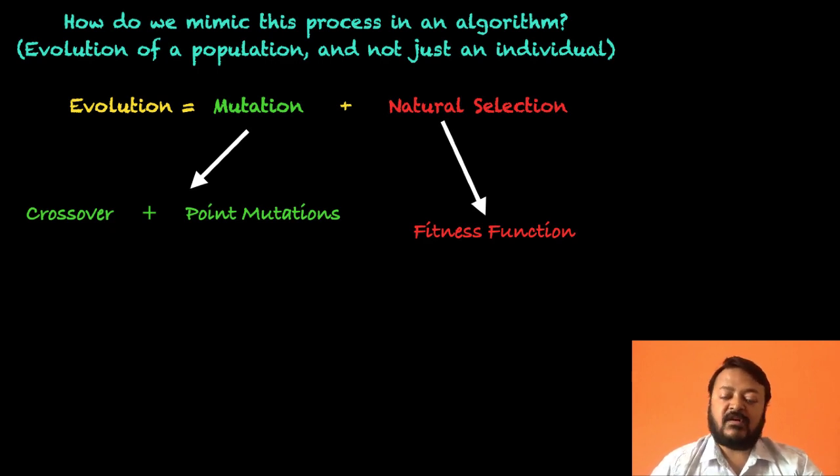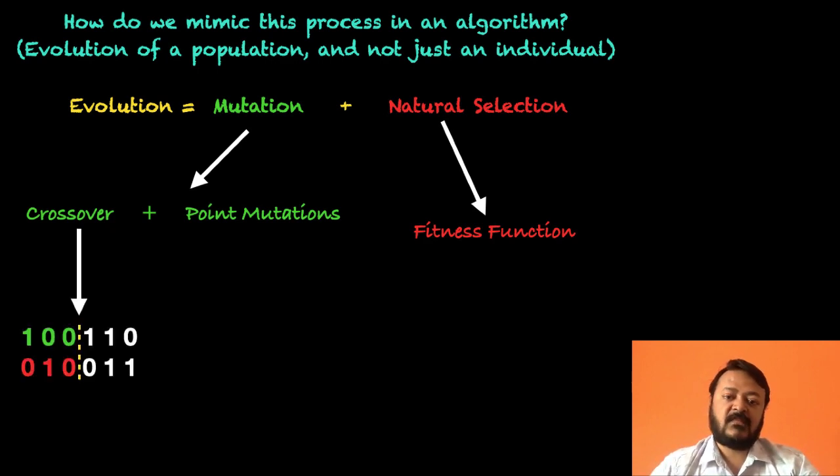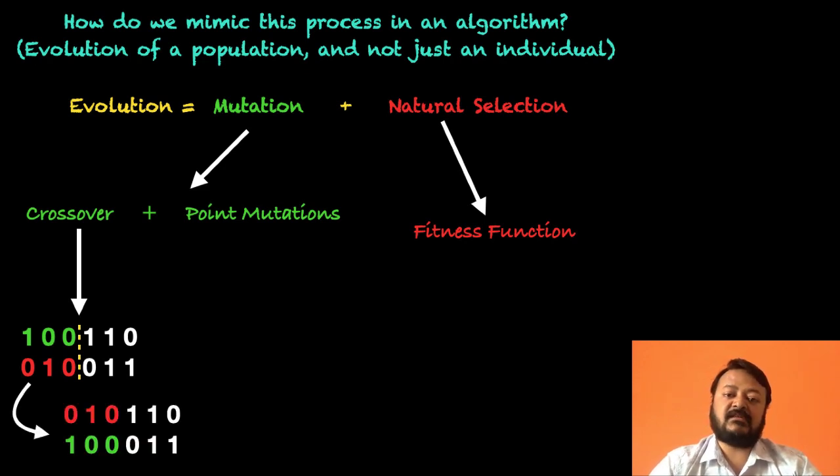So now let's see what is the meaning of crossover. So crossover essentially means that if we have two binary strings, so usually genetic algorithms is done with binary strings, and that's why I'm taking this example. So let's say you have two binary strings. You can choose a point at which you cut both these binary strings, and then you exchange the sequences on either side.